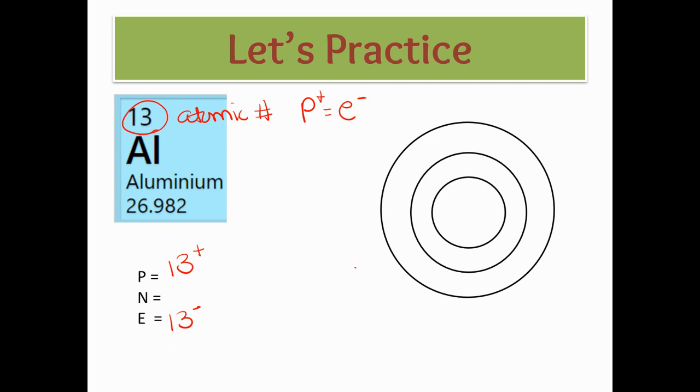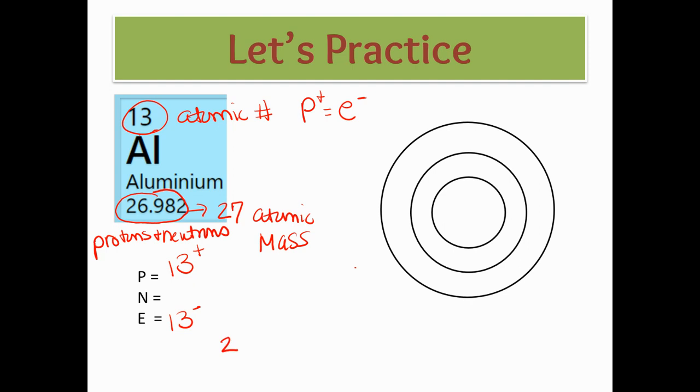Let's go with neutrons, 26.982. Let's round that up. Let's make that 27. So this is our atomic mass. We don't know what the neutrons are, but we know our mass is 27, and we know our protons are 13. And just to review again, our mass is made up of protons plus neutrons.